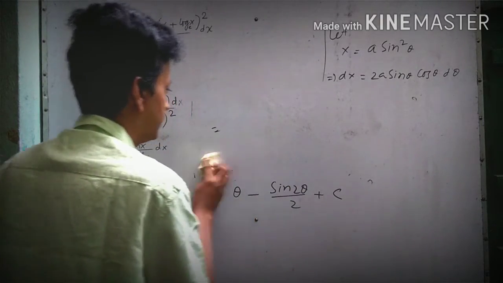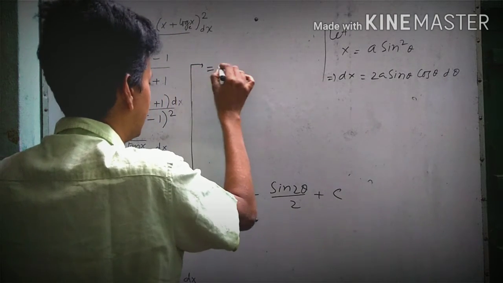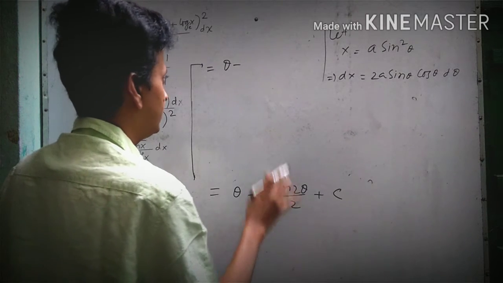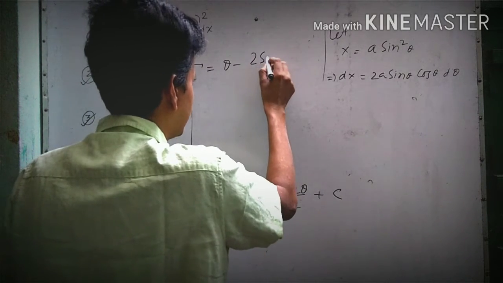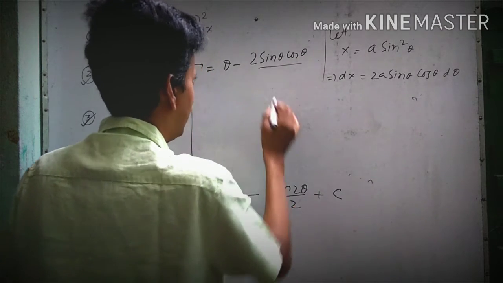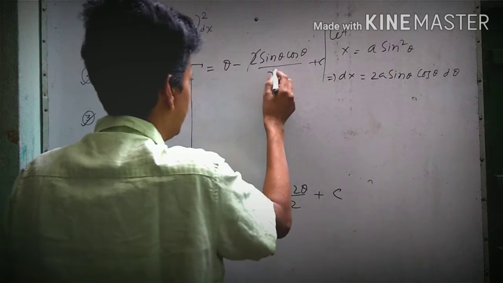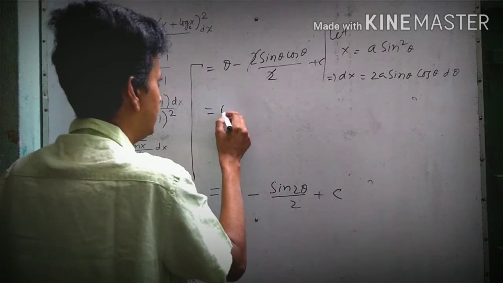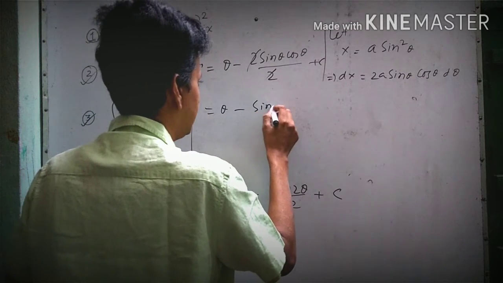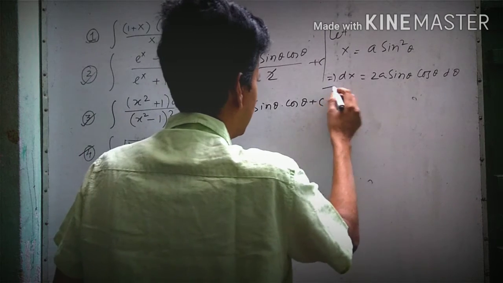Our next step is theta minus sin 2 theta means 2 sin theta cos theta by 2 plus c. So here cancel 2 and 2, so we get theta minus sin theta into cos theta plus c.